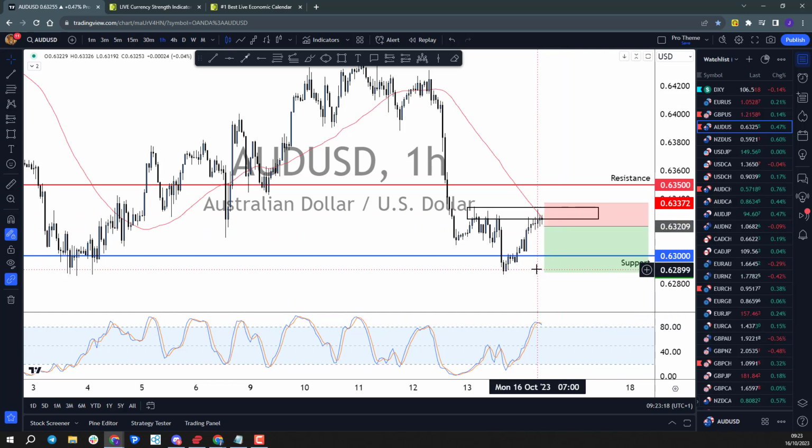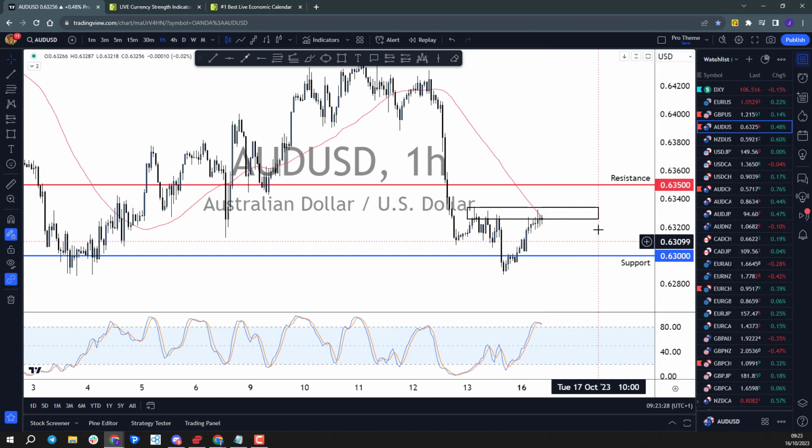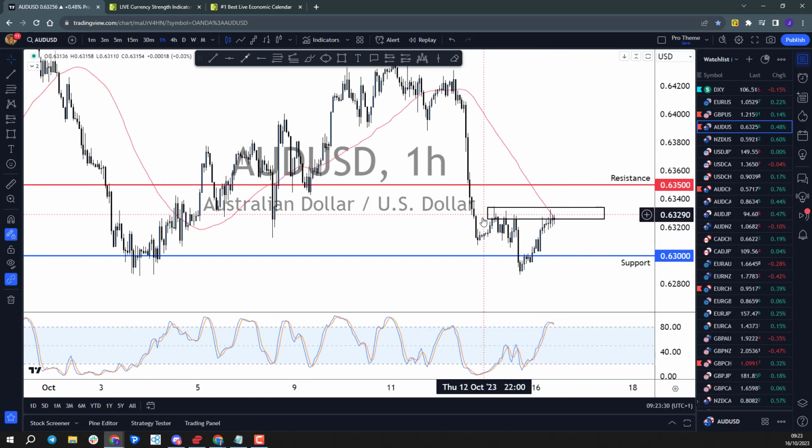Obviously the hourly hasn't closed yet, so we're working off the previous hourly at the moment, and it hasn't quite given us that strong crossover that I like to see on the stochastic. But these highs, if they are broken, would probably lead to a little bit more upside here. So that is my area at the moment, which is struggling.